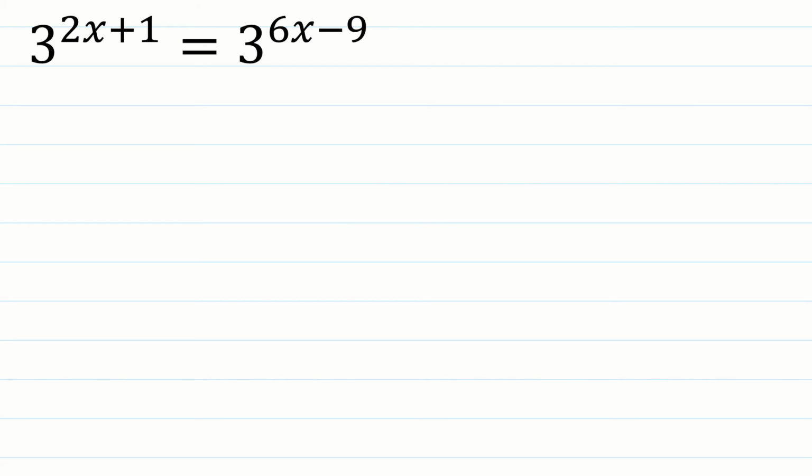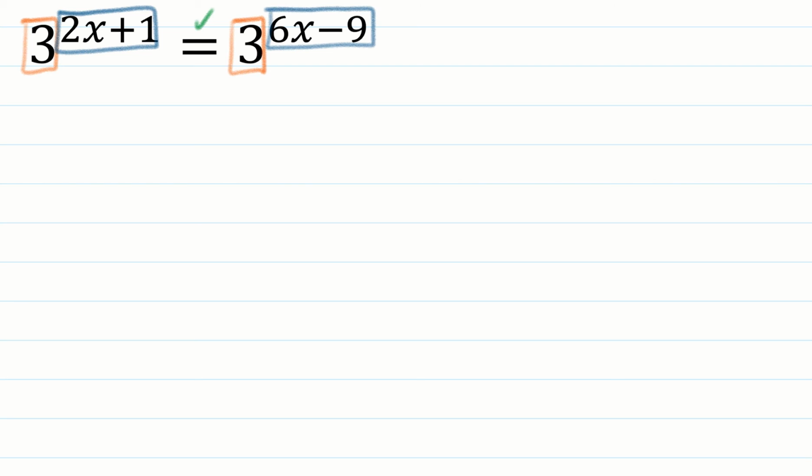The first thing I notice is that my bases are both exactly the same. They're both the number 3. So because the bases are the number 3, the only way these things can truly be equal to each other is if this exponent is equal to this exponent.